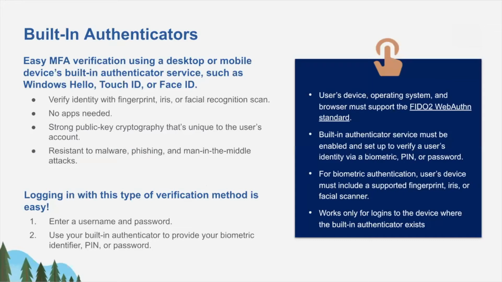Probably you're used to unlocking your phone with your fingerprint, and it works the same way for MFA. Also, if you have Face ID, facial recognition scan would also comply with the MFA requirement. No apps needed. Normally, these built-in authenticators come pre-installed in your phone.